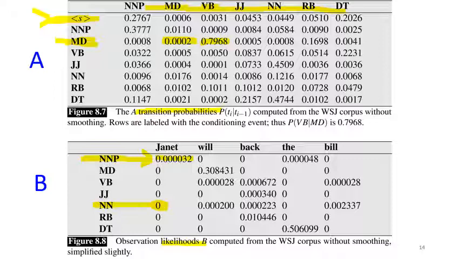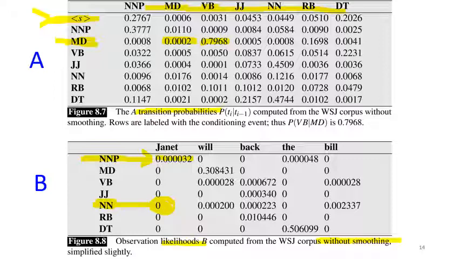So the probability that if the tag is noun, it will produce the word Janet is exactly 0. And this is exactly 0 because the example here is done without smoothing. Remember that if we have smoothing, then all these 0 probabilities will be given some values to avoid the zeros. But at this moment, let's just leave it. We have probabilities without smoothing.